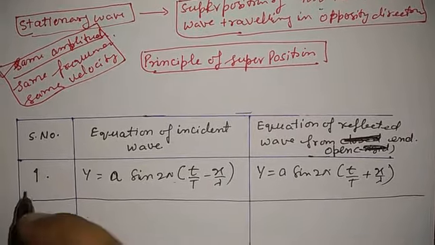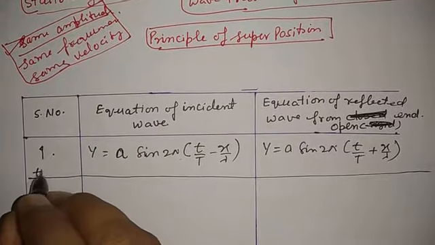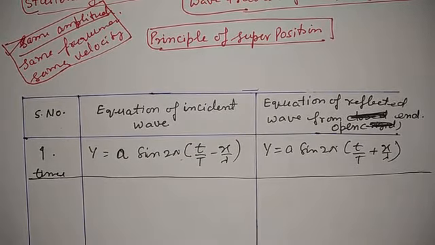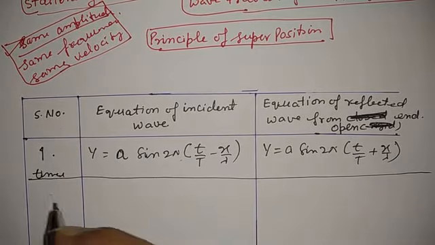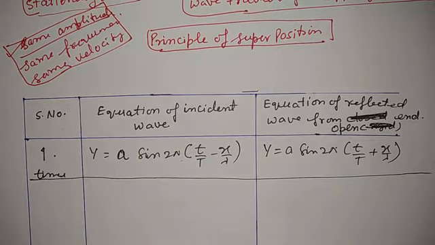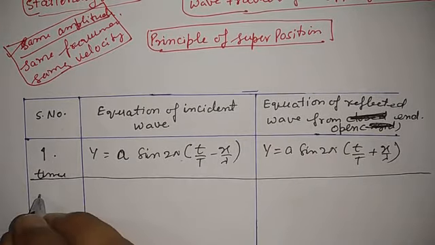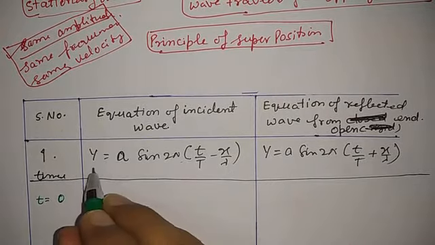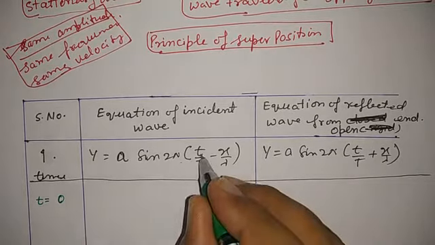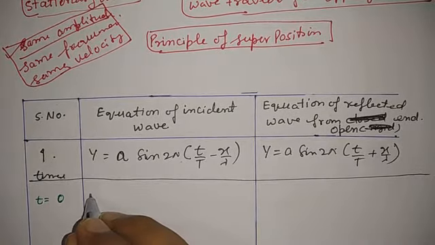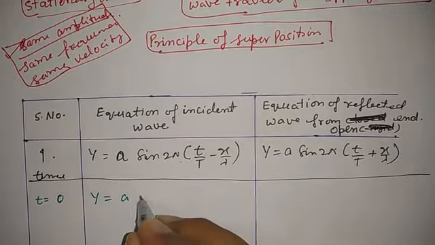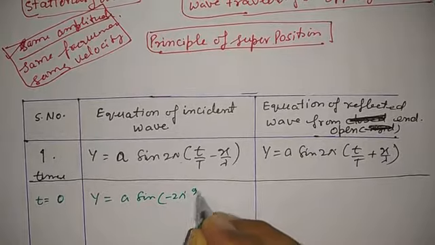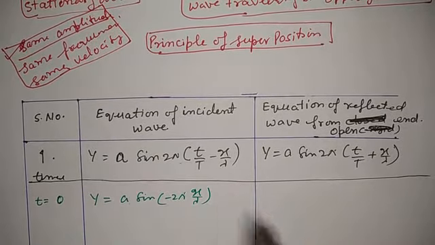Now see, we will take different times. When time t is equal to 0, the equation of the incident wave becomes, by putting 0 here, y is equal to a sine in bracket minus 2 pi x by lambda, keeping time as 0.